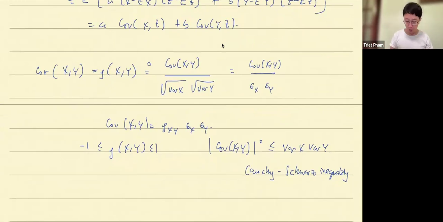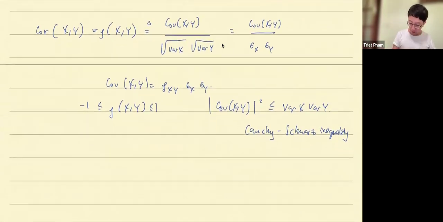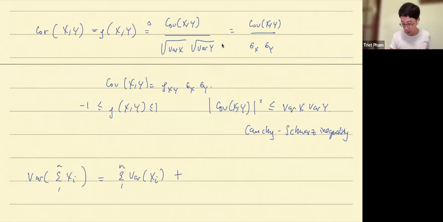Now, where does this whole thing factor in? It factors in when you look at the variance of a sum. As I mentioned, the formula is as follows. It will be the sum of the variances plus covariance terms. There are two ways you can write this.